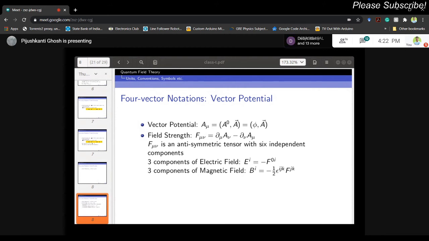Now take a particular value of mu and nu: mu equal to 0, nu equal to 1. So on the left hand side, you get F01. On the right hand side, minus F10. Are they independent?